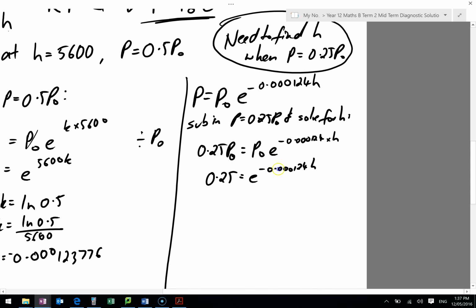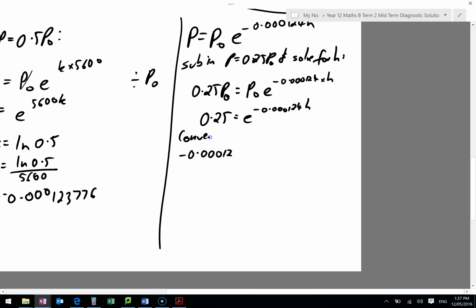Trying to find that unknown power, by converting into logs, is the power I need to raise e to in order to get 0.25. And then it's just a calculator exercise to find the height.